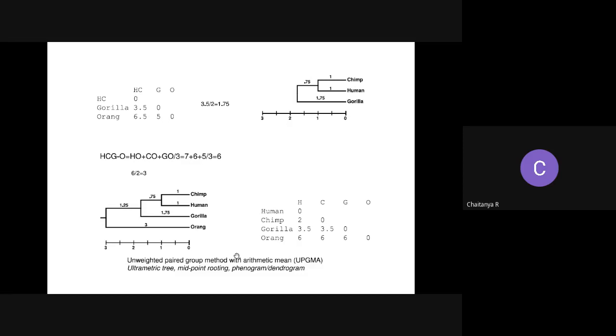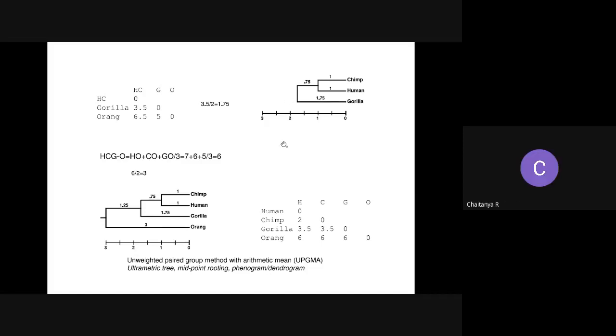Okay. So over here, if you look at where my cursor is pointing, we have already established using UPGMA that human and chimp are sisters, and sister to that is gorilla. So these three taxa form a clade whose common ancestor is here, which is the root of a particular tree. Now we have to extend this tree to include orangutans.